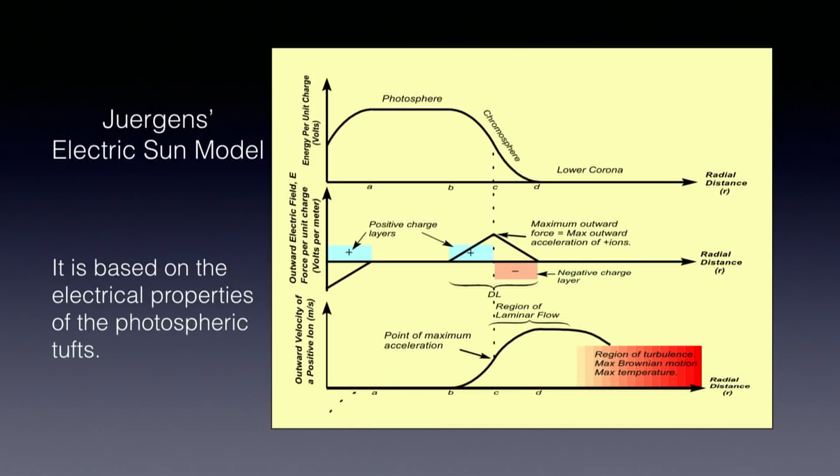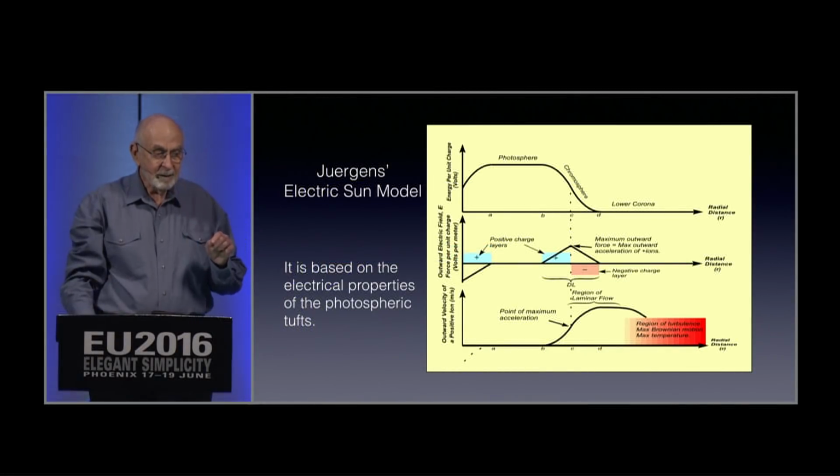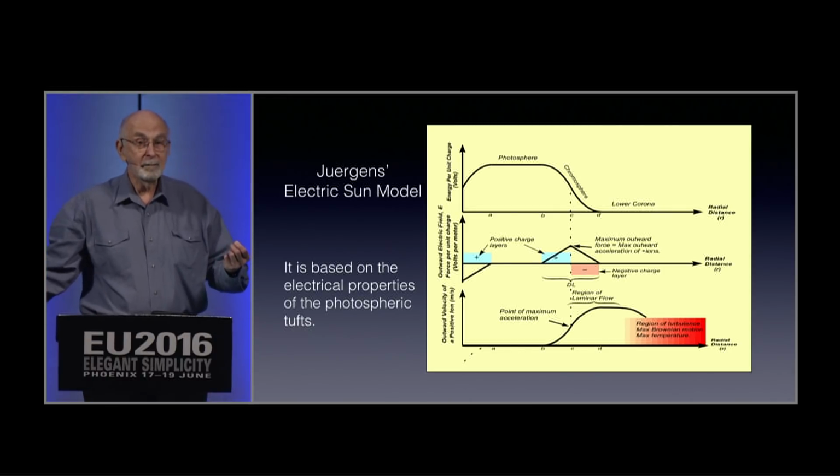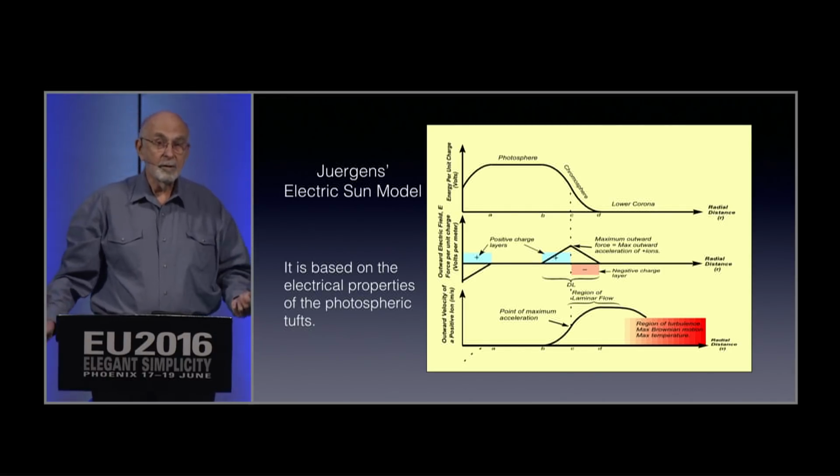one of the three graphs there is a plot. Well, all three of them. The horizontal axis is the radial distance up from the surface of the sun, up through the tuft and then out into the corona. The top graph plots the voltage that you would see if you had a voltmeter in your hand. You could have a ground someplace out in space and look at the voltage.